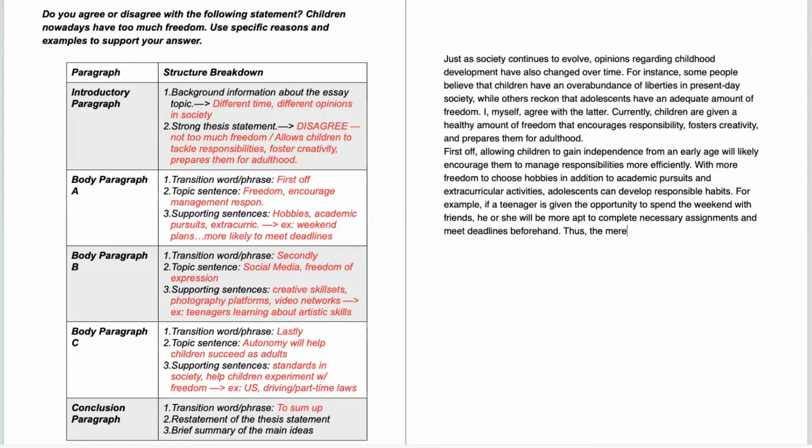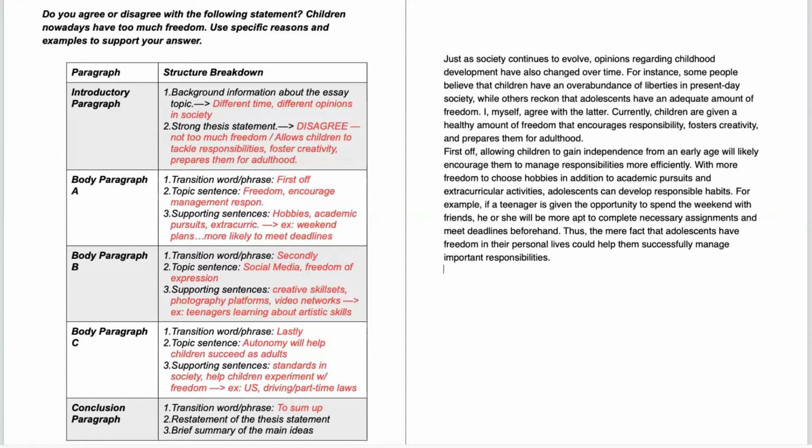Thus, the mere fact that adolescents have freedom in their personal lives could help them successfully manage important responsibilities." And so you see right here, I have talked about everything in my notes and also an example here. And I've closed it quite nicely with another connective, and this sort of just wraps it up and closes the argument for body paragraph A.